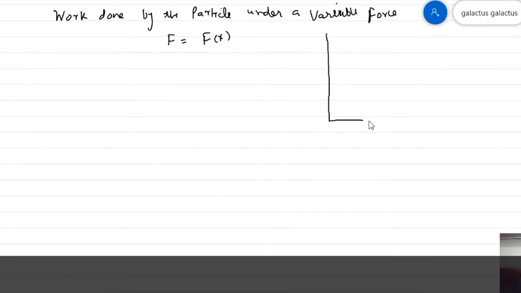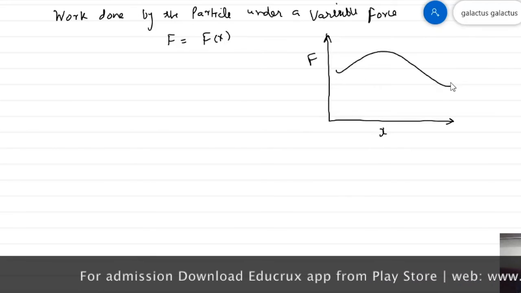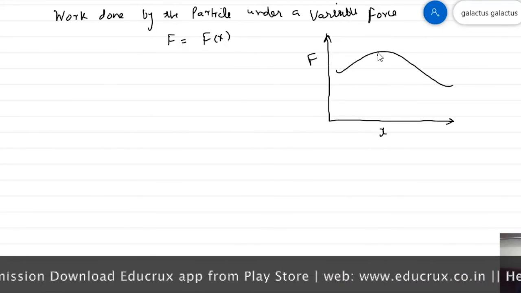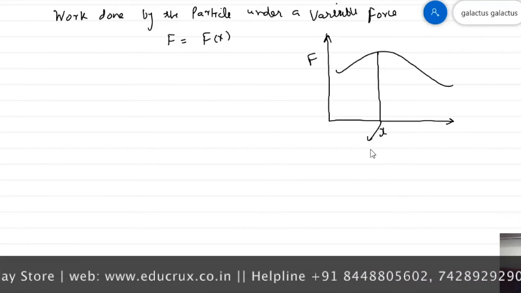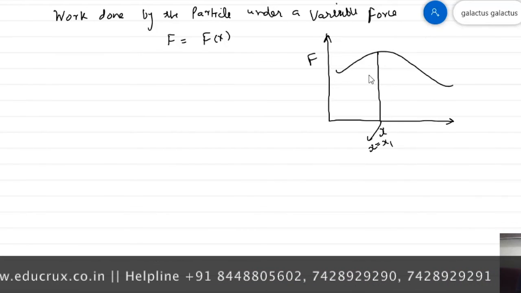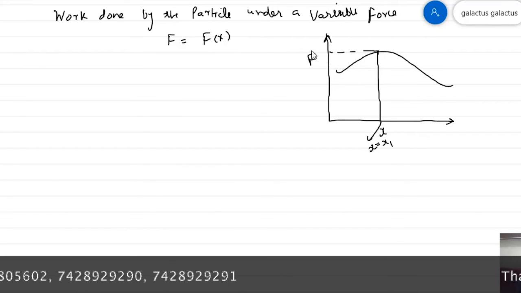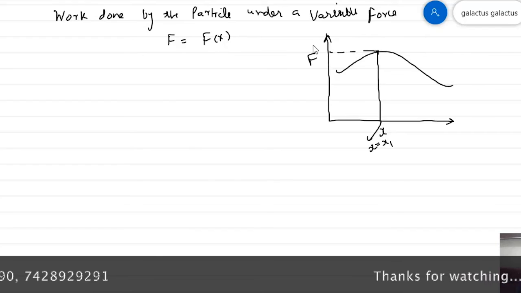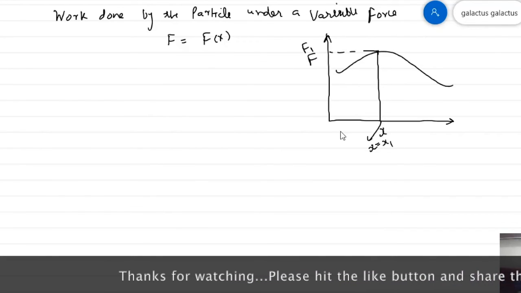So suppose that I have an F versus x graph, and the pattern of this graph is something like this. At any instant, let's say at x equal to x1, the projection on the y-axis represents the force at that point.